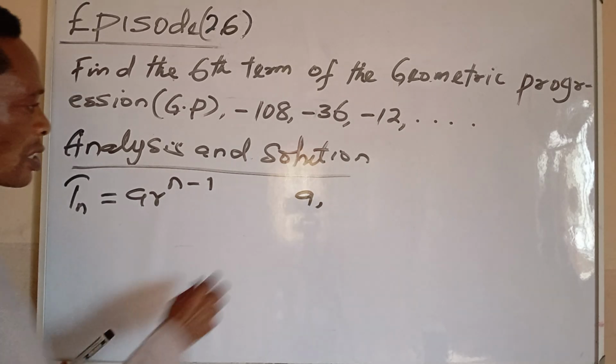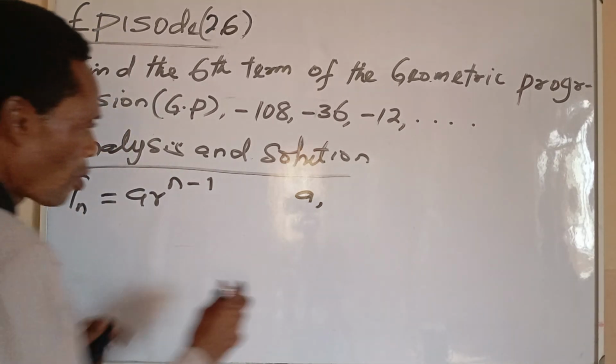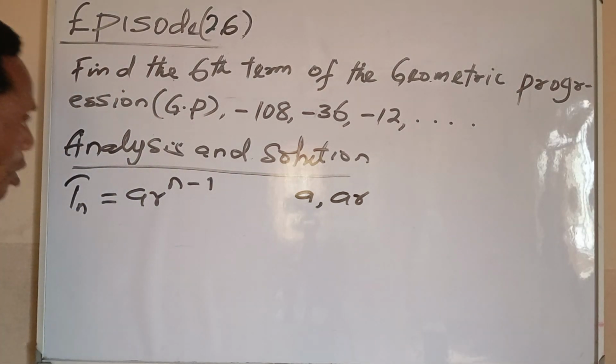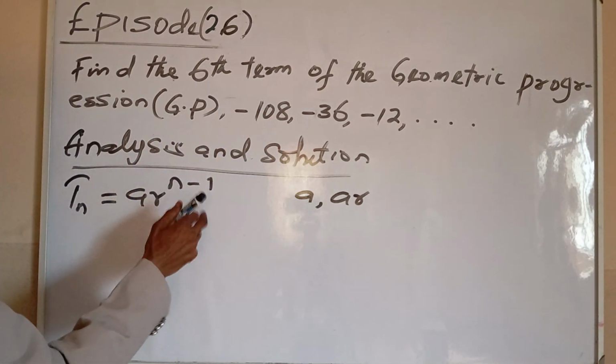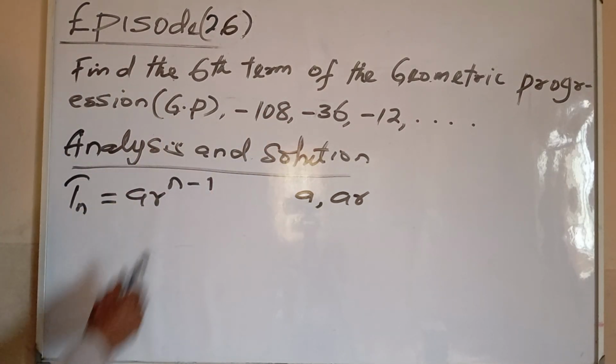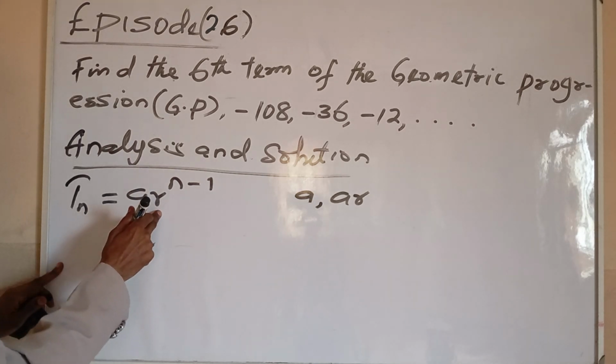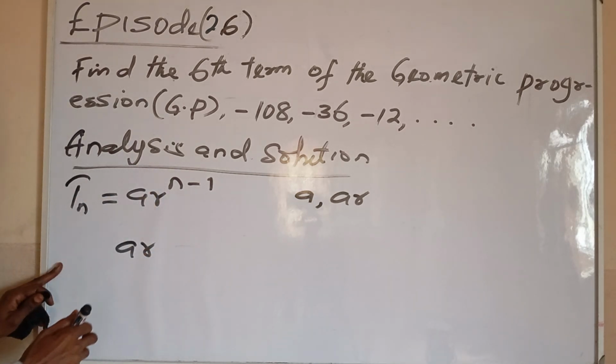Then to get your second position, it will be A R. Your second position in generating the sequence of a GP is your A times R, which is the common ratio. This R stands for common ratio.